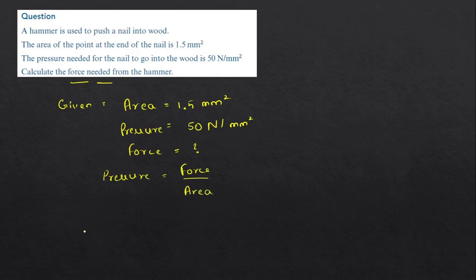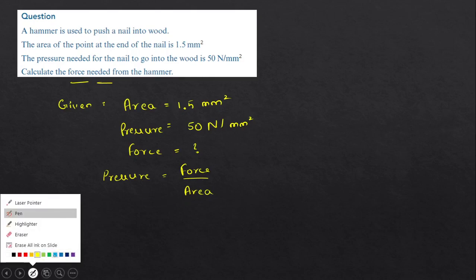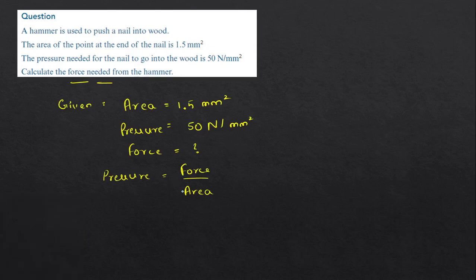Now we have to slightly modify this formula such that we get force on one side and pressure and area on the other. So the equation becomes force equals pressure times area.